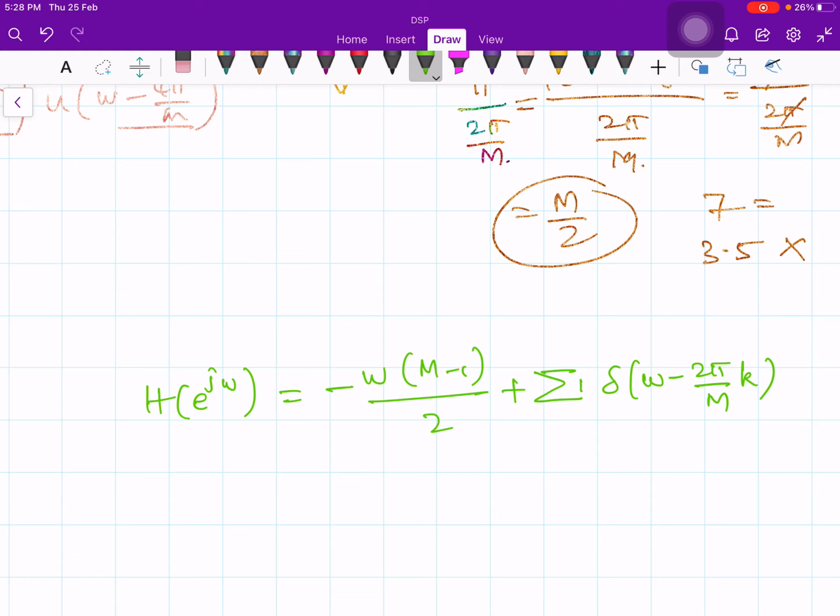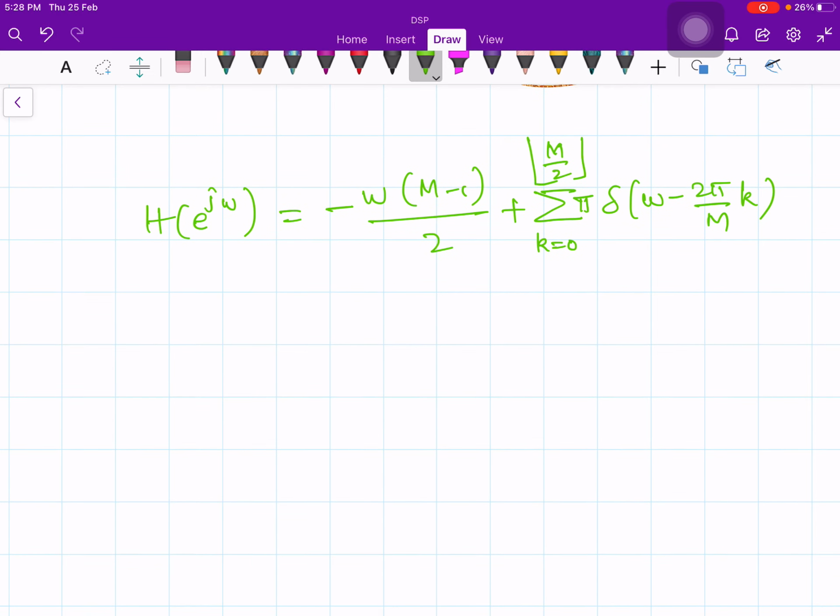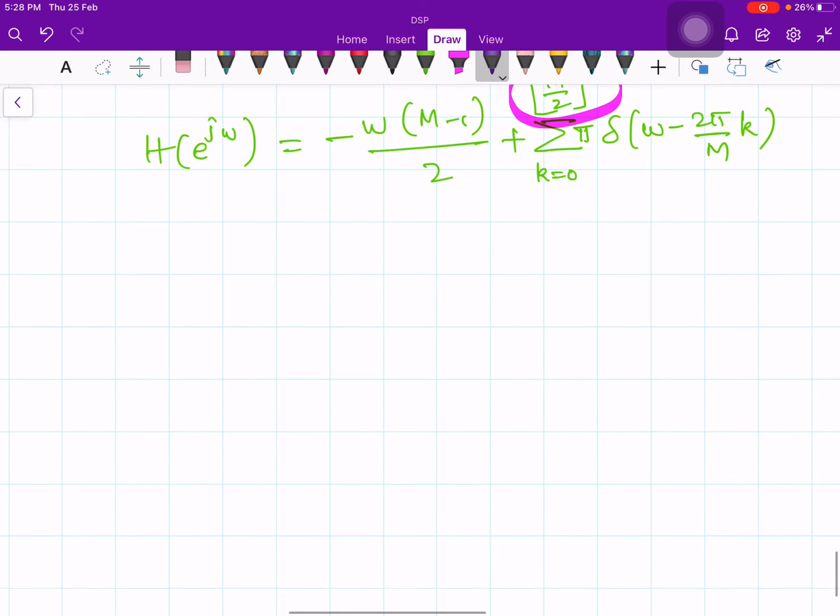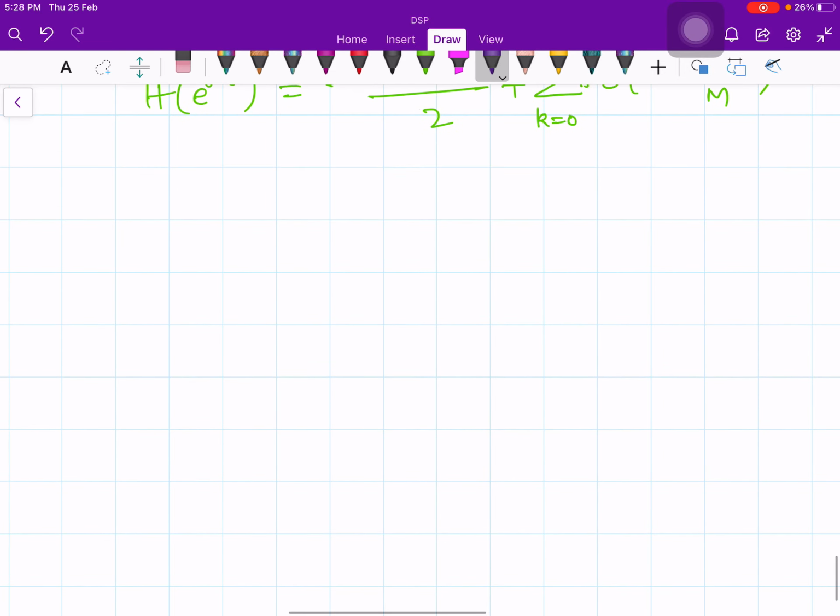How much phase occurs? Pi. And you start from k is equal to 0 to how many transitions will occur? Capital M by 2 transitions. So this should be a ceiling function. Okay, therefore the upper end is truncated to the closest integer which is less than m by 2.